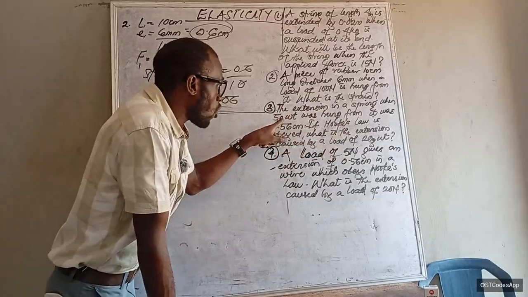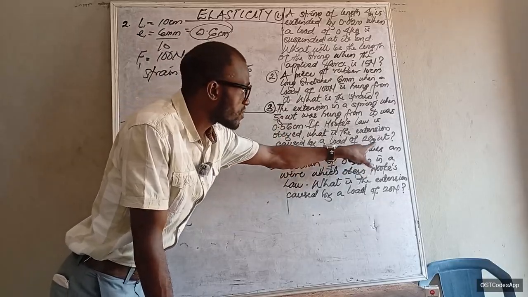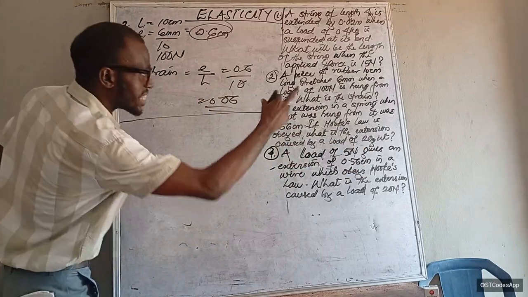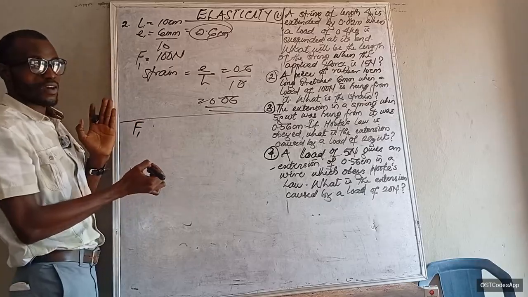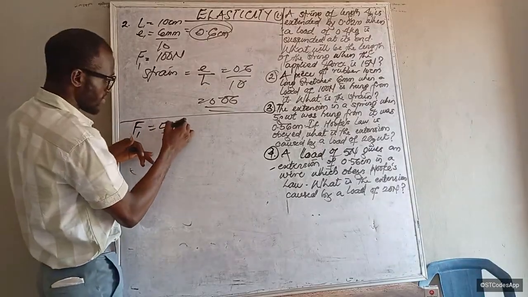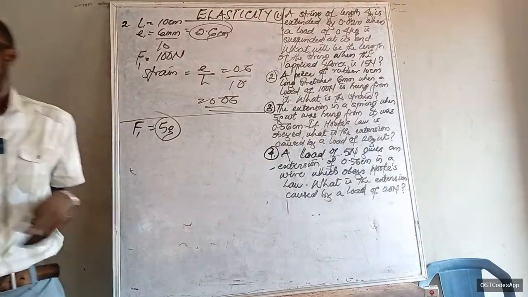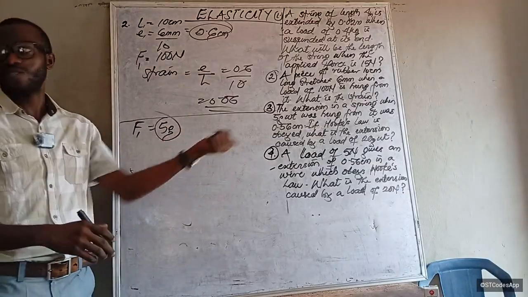Listen. You see, I will not convert it because they gave me 5 gram weight here and 20 gram weight. Right? So let's put it as F1 or weight 1. Yes, F1 will be 5 grams. But keep in mind that it's not like force here. For the force, you have to multiply by 10. But I don't want to do that because it's a waste of time. It's not necessary.